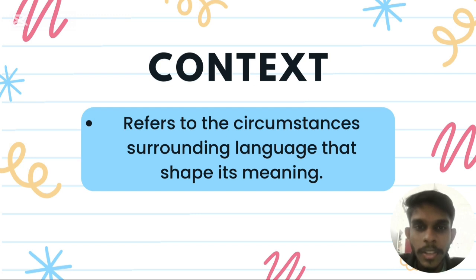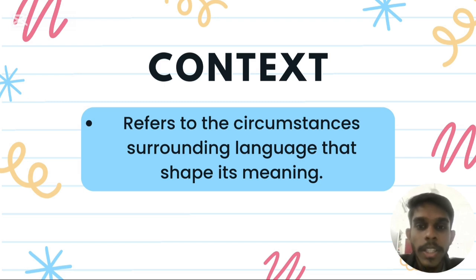So, basically, context refers to the circumstances surrounding language that shape its meaning. It includes all the factors that influence how a message is created, interpreted, and understood. Context can affect the meaning of words, tone, and the overall interaction between people.